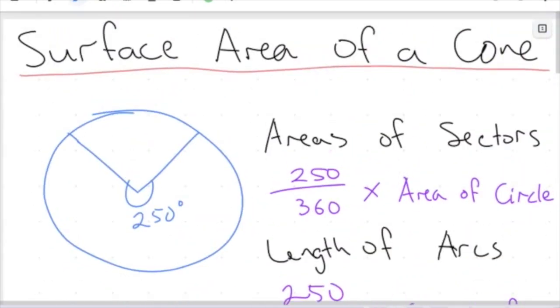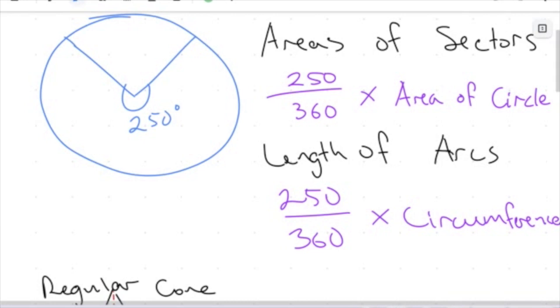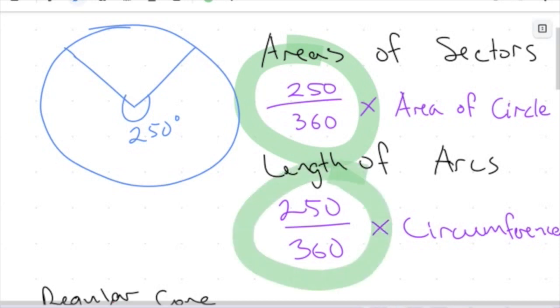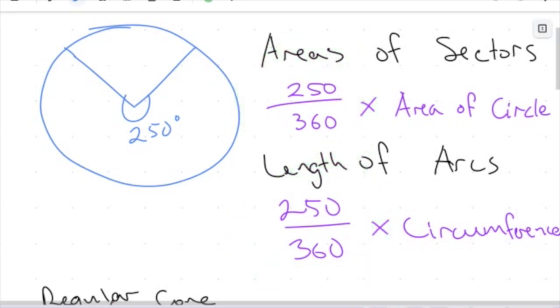And that is this thing up here from what we looked at the start of the lesson. Notice that the area of the sector, 250 over 360, is the same as the proportion. It's proportional to the fraction of the circumference.